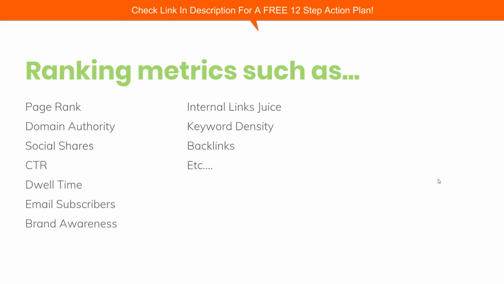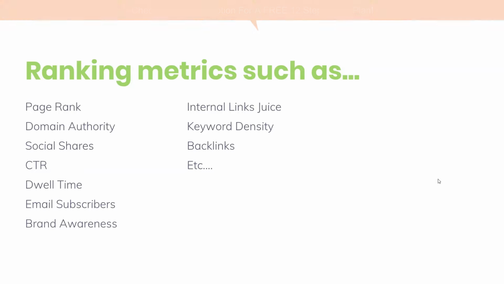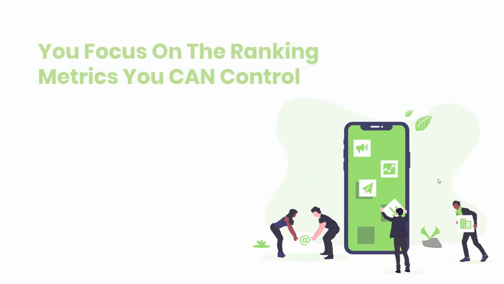It doesn't. Okay, so when you're trying to rank for something, if you see a competing website that has 100 backlinks, it doesn't matter. It's about certain key elements that I'm going to show you right here. You focus on the ranking factors, or the ranking metrics, which you can control. Now bear in mind, like I said before, if you follow the steps inside my action plan, you will automatically and naturally complete most of these ranking factors anyway.